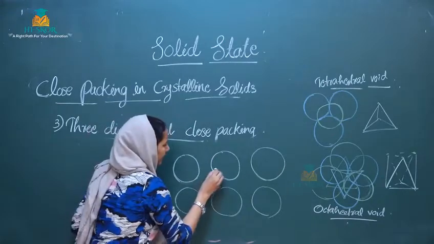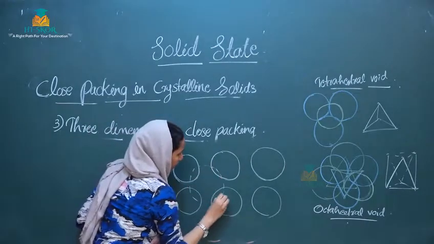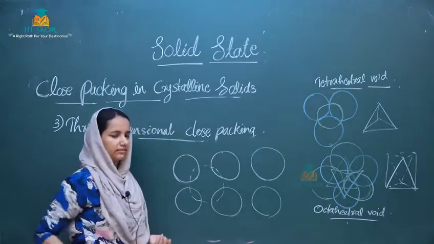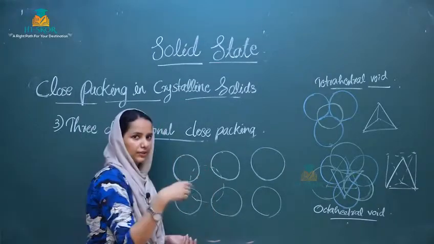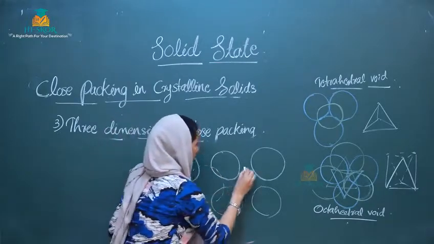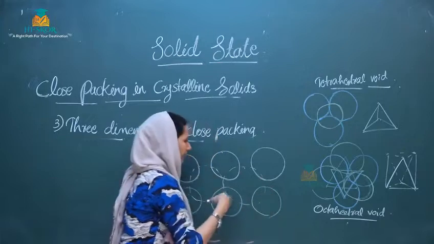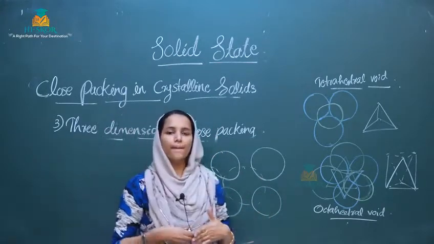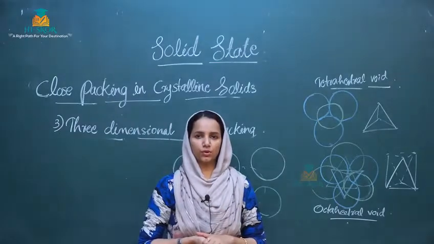And the second layer will be coming just above the space. Okay, like a body center. So like a body centered cube, the center, and the second layer will be coming at this center. Like that this pattern is arranged. Such type of packing is called body centered cubic close packing.